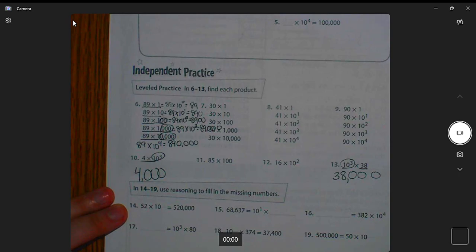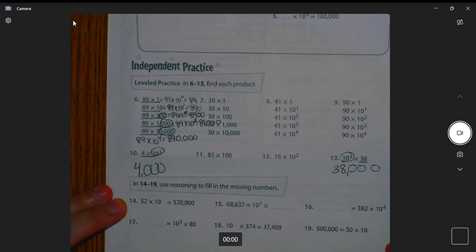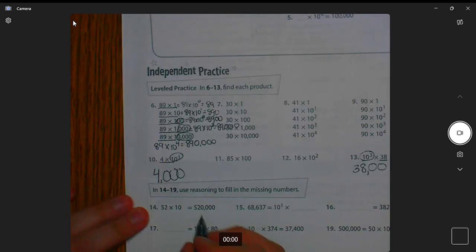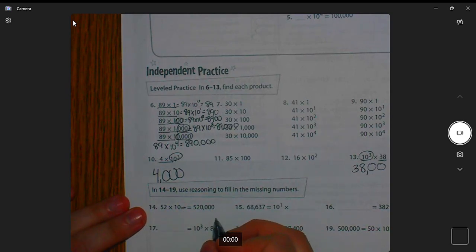Let's look at a couple more examples just to make sure we've really got this down. So, number 14, 52 times 10 to the blank equals 520,000. So, right here, it's asking me to find my exponent. How would I do that? Are you sure I just count the zeros?